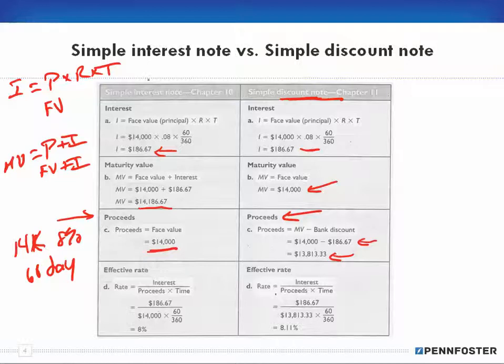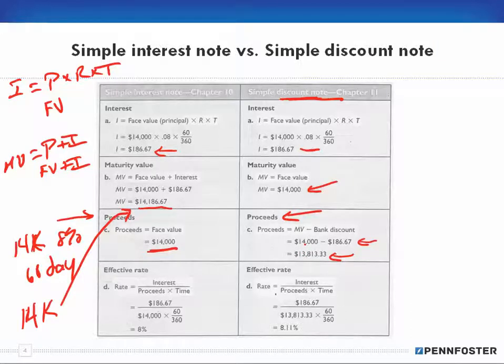If it's a simple interest note, what the bank is going to do is they're going to give you the full $14,000. And then at the end of the 60 days, you're going to have to write the check or bring the money back for $14,186.67.